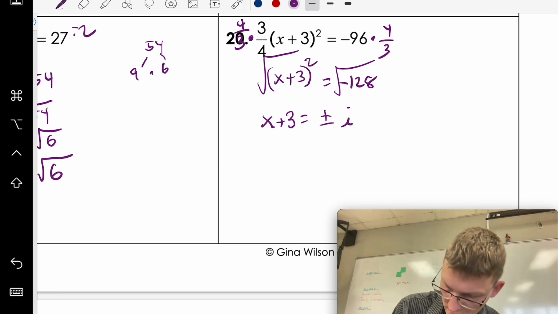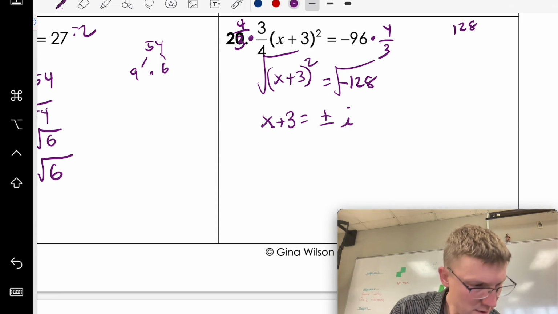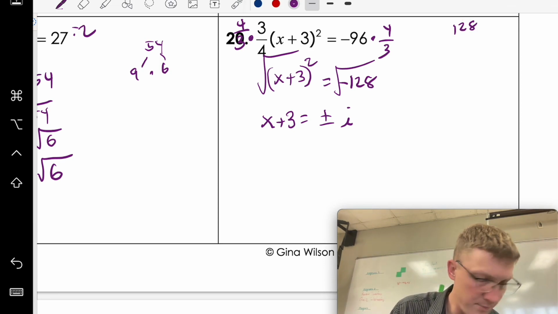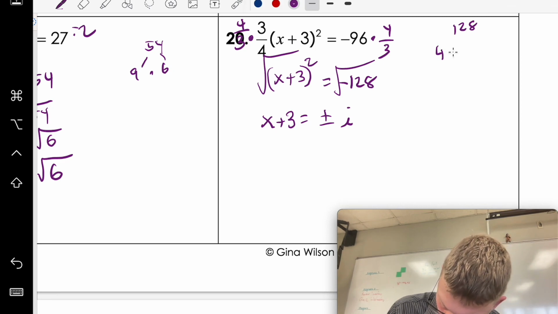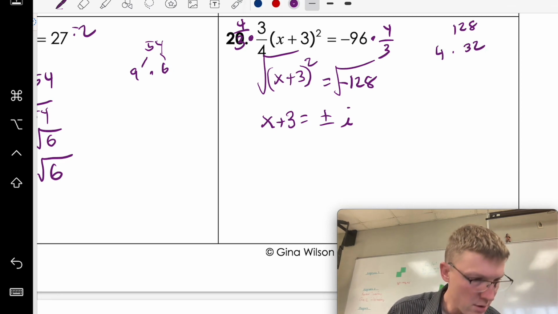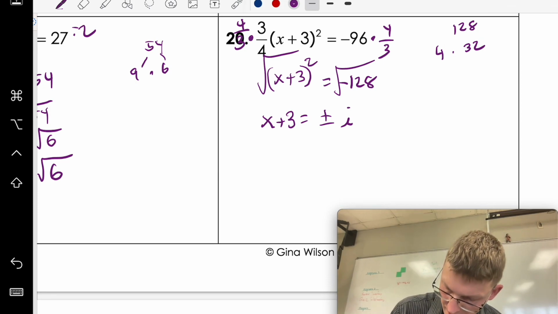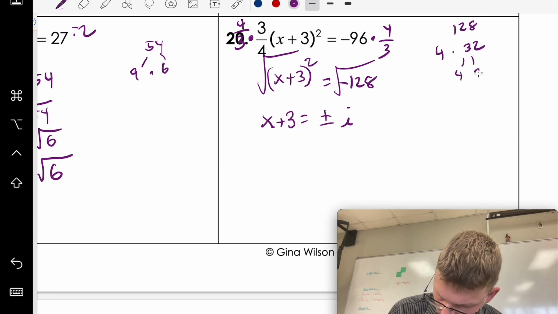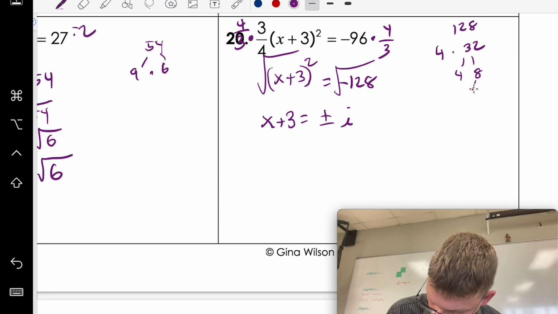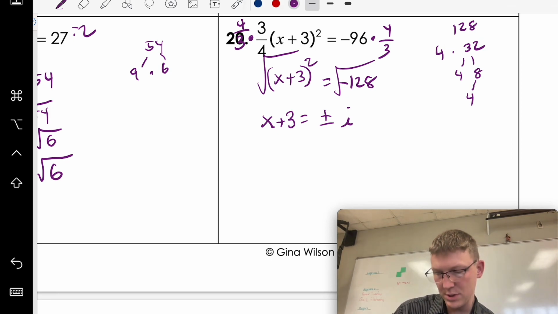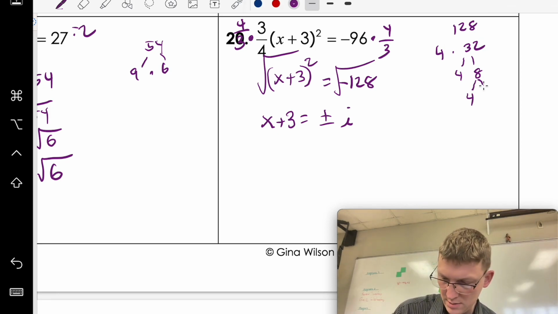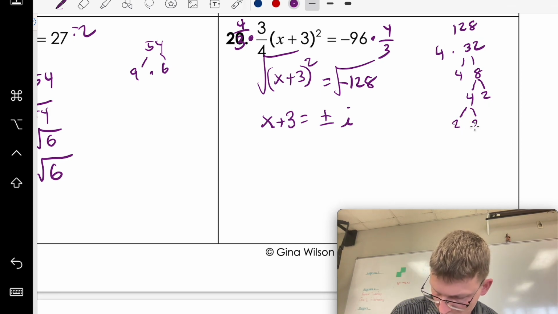I don't know, 128 divided by 4. Okay, so we got 32 divided by 4 again. And then I can pull another 4 out. 4 times 2, which in this case is 2 and 2.